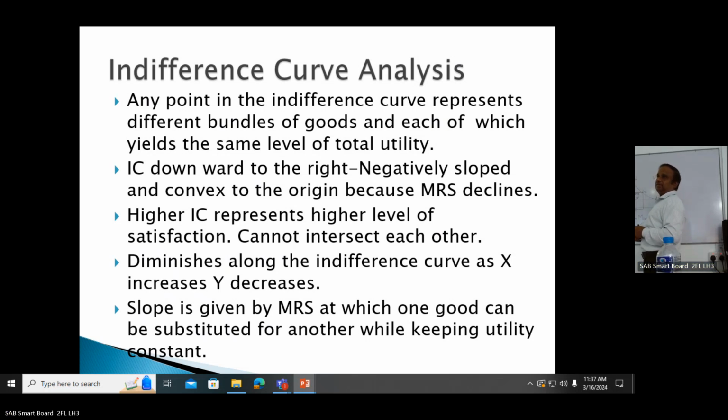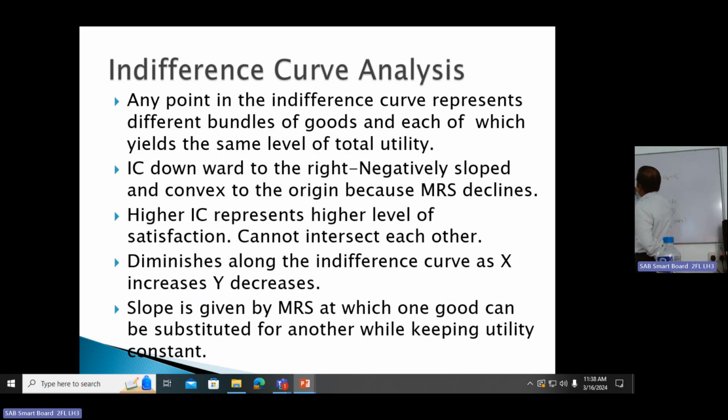So that is the negative slope. The marginal rate of substitution decreases.